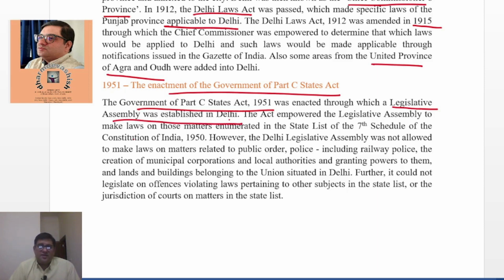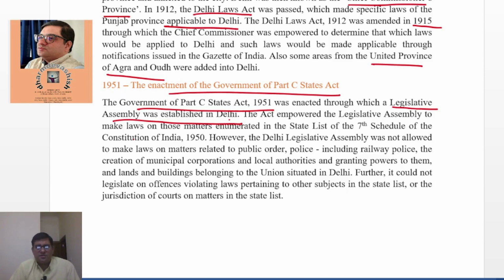So please understand that though the provisions regarding a legislative assembly and a council of ministers were made through a constitutional amendment in the decade of 1990s, if we trace the history of the legislative assembly of Delhi, then for the first time we see that it is through the Government of Part C States Act 1951 that a legislative assembly was established in Delhi.